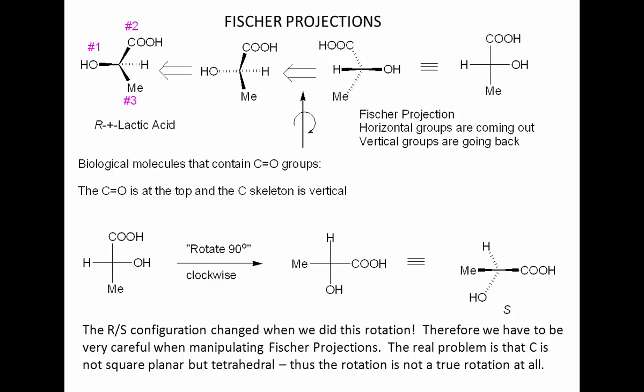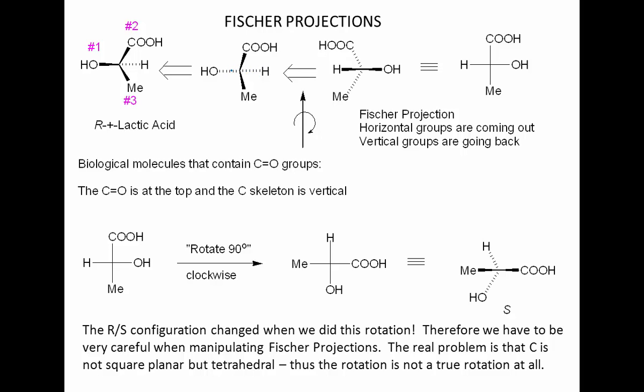Okay, let's look at another way to depict chiral molecules. So this molecule here is R-plus-lactic acid. Let's just verify that it's R. I'm going to rotate it around the y-axis shown here, and that gives you this.